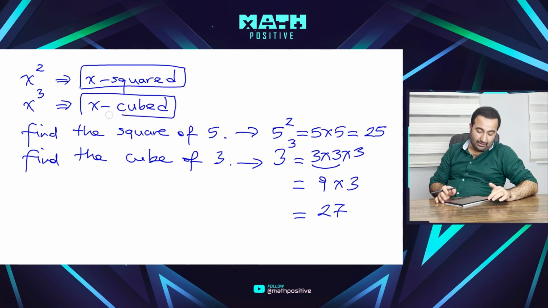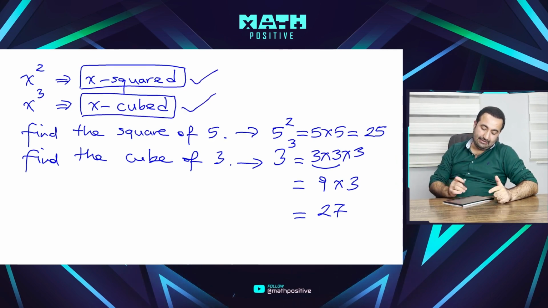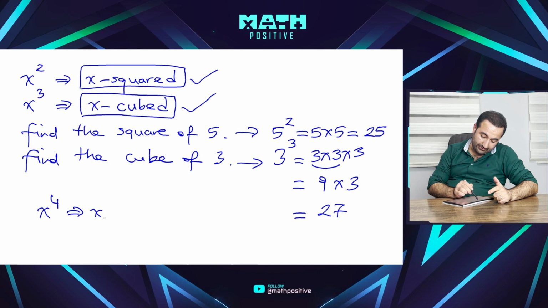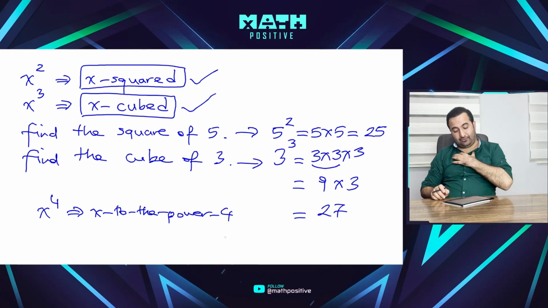If some number have power 2, we read it as x squared, and power 3 we read as x cubed. These are special readings of two power.